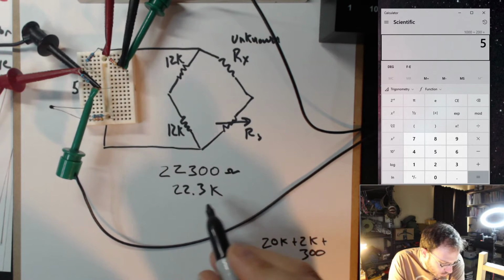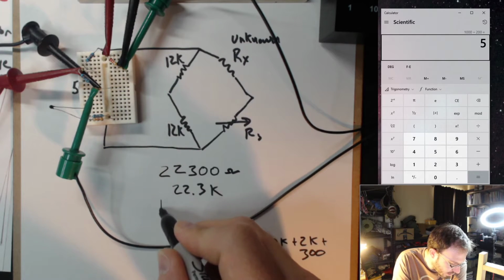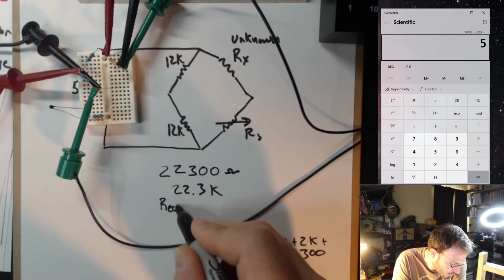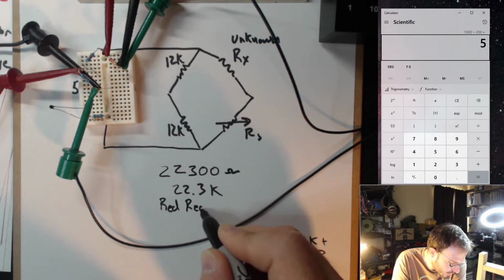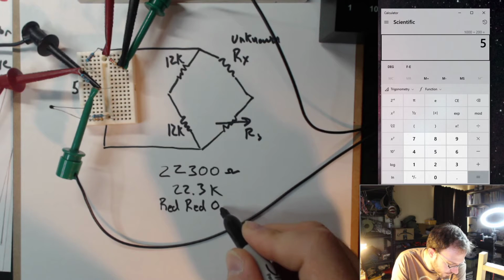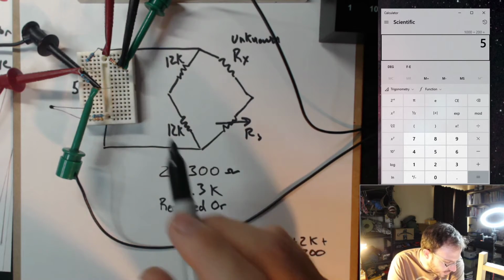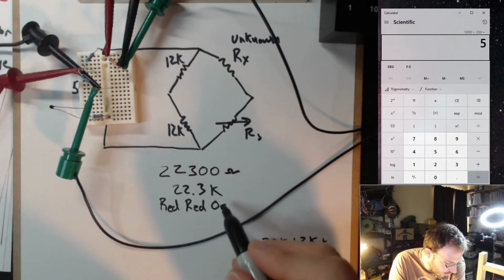So 22300 comes out to be red, red, orange. Well, actually, this is a 3 color code, so I have to do this with only 3 colors.